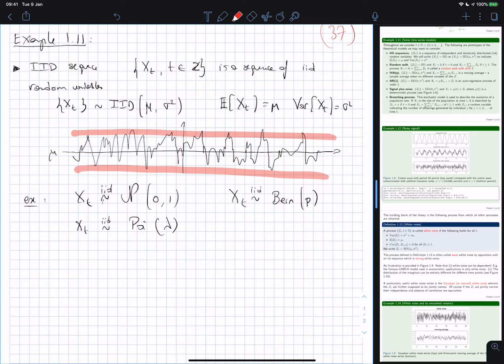Just be careful that these do not have the same behavior. This is a sequence of continuous random variables, so continuous state space. This is a sequence of binary random variables, a sequence of zeros and ones. This is a sequence of integer valued random variables, and so on. So the trajectories would not look similar.